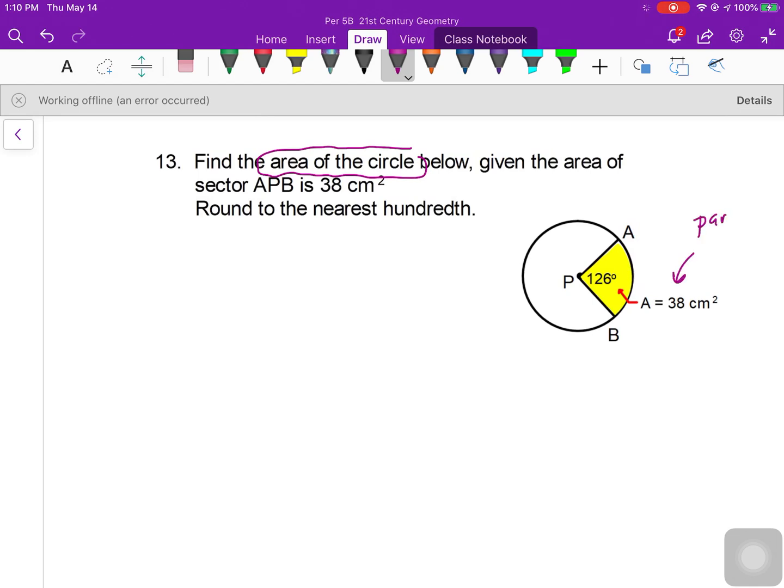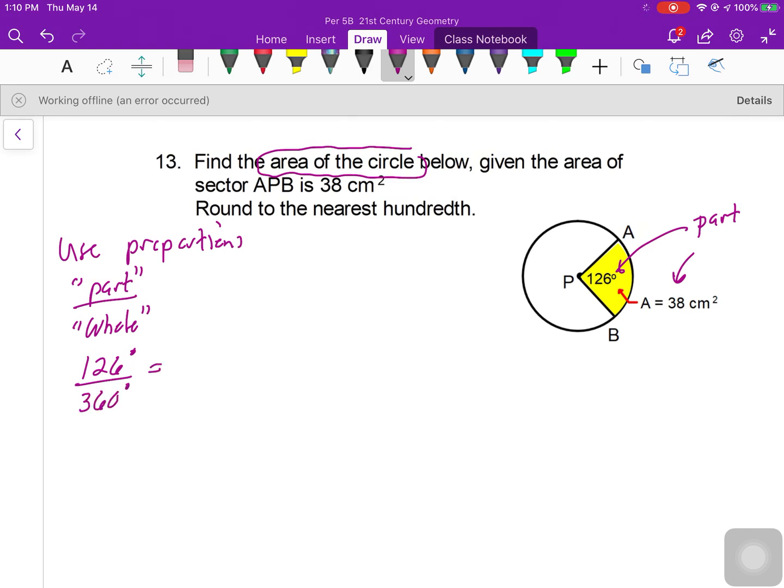So in this problem, they ask us for the area of the whole circle. And once again, they give us information about the part of the circle. So yet again, we're going to use proportions. And once again, we're going to compare the part to the whole.